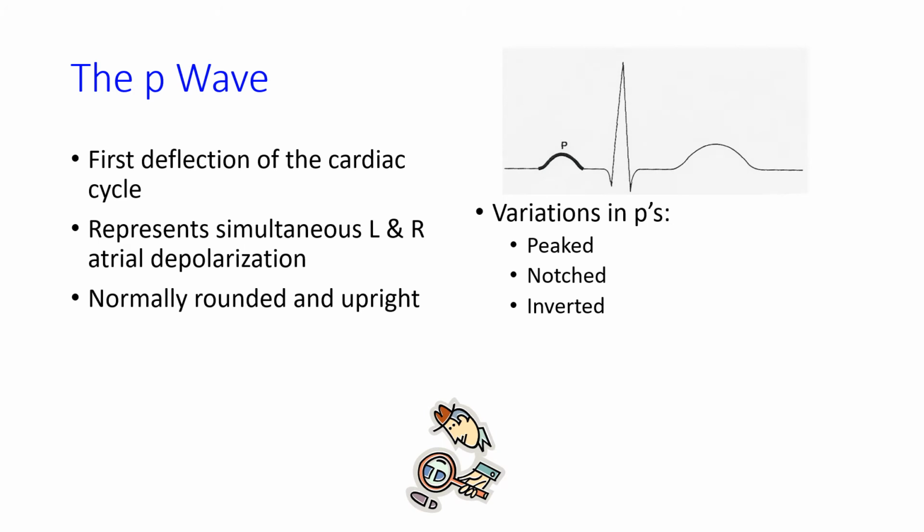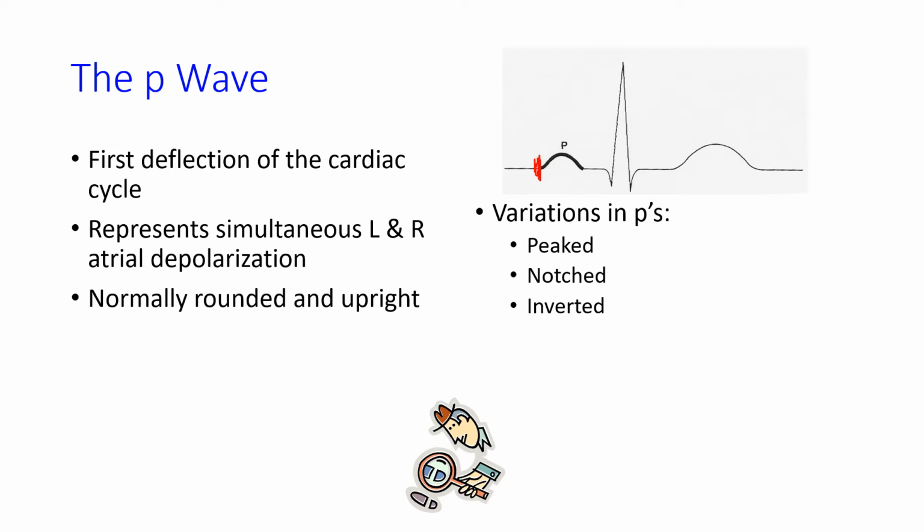The first part of the ECG cardiac cycle is the P wave. So the P represents your right and left atrial depolarization. If you look at the P wave, it is basically right here at the beginning of the P that your SA node fires.